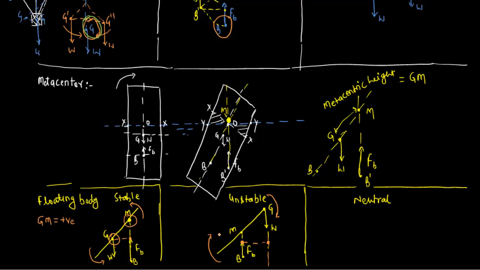Both forces are trying to disturb the body more and more. So in that case a floating body is said to be in unstable equilibrium, if the center of gravity is lying above the metacenter. And as the center of gravity is above the metacenter, the metacentric height will be negative.